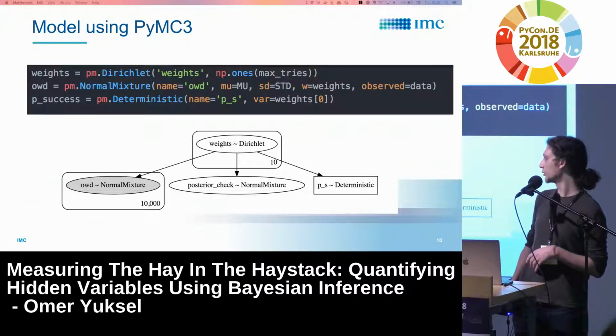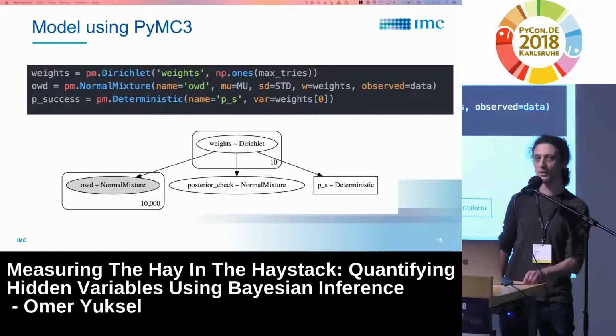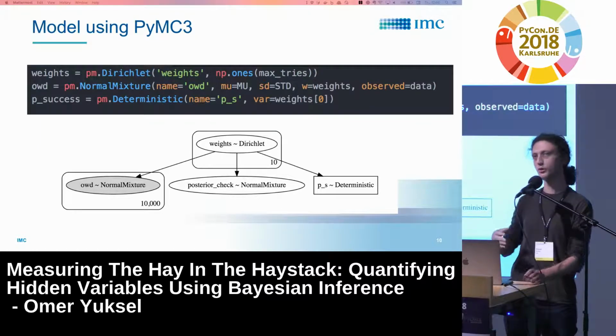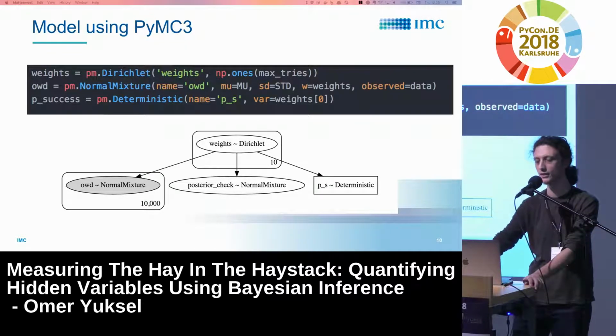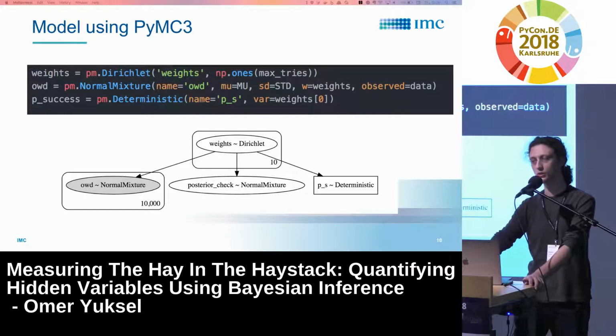You can also determine the probability of dropping, or inversely the probability of success, from these weights. You can also draw new variables after fitting your data, and then do a sanity check on your model.